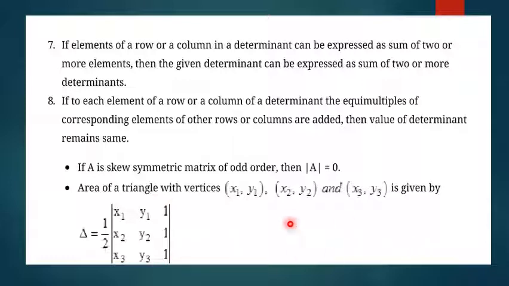Okay, so this is how we can determine the area. This is the formula to determine the area of a triangle whose vertices are given. I think in coordinate geometry in class 10 also you have studied, but there we use that specific formula which has come from here only. If you expand this determinant, you will get that coordinate geometry formula. Okay.